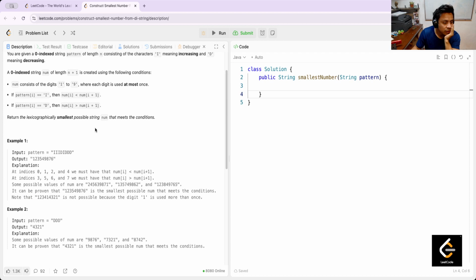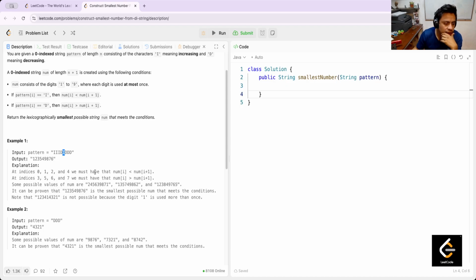Now, for example, here I have the indices 0, 1, 2, and 4.